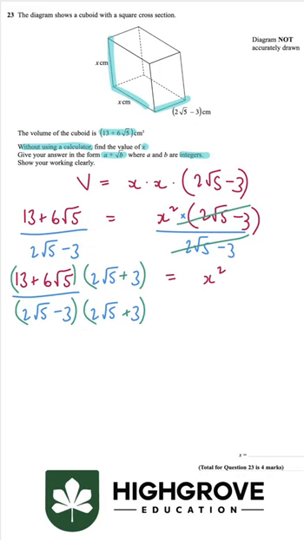Next, we expand the brackets in our usual way. So we've got 13 lots of 2 root 5. Well, 13 lots of 2, that's 26. So we've got 26 lots of root 5 there. What else do we have? Well, we've got to multiply 13 by 3. That gives me 39. What else? 6 root 5 multiplied by 2 root 5.